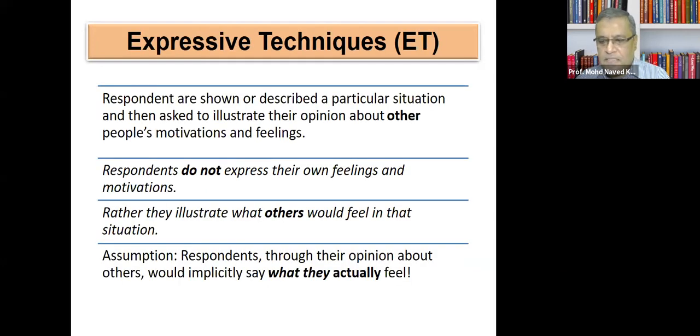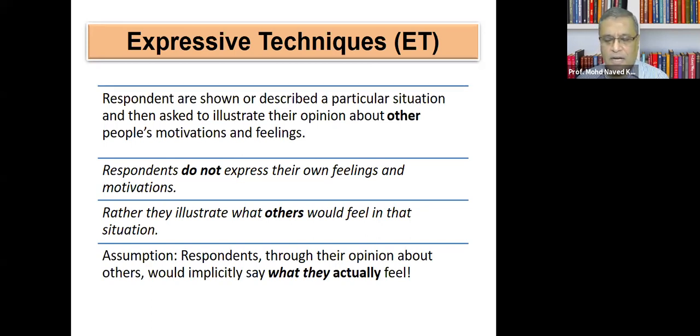Then we have expressive techniques. Here respondents are shown or described a particular situation, and they are asked to express their opinion about another person's motivation and feelings. In a way we are not forcing the person to reveal what he or she has in himself or herself regarding that situation, but we expect that they will be projecting their feelings, or rather illustrating what others would feel in that situation.